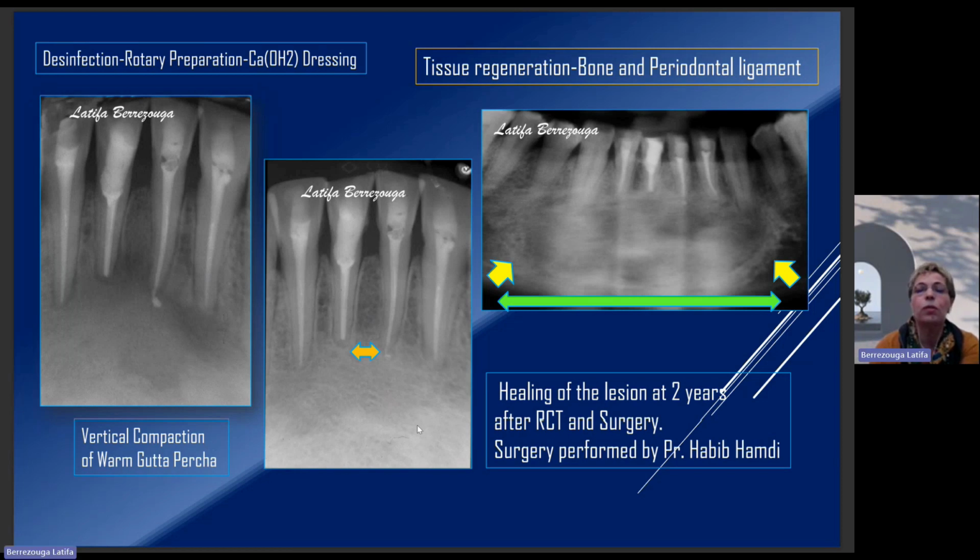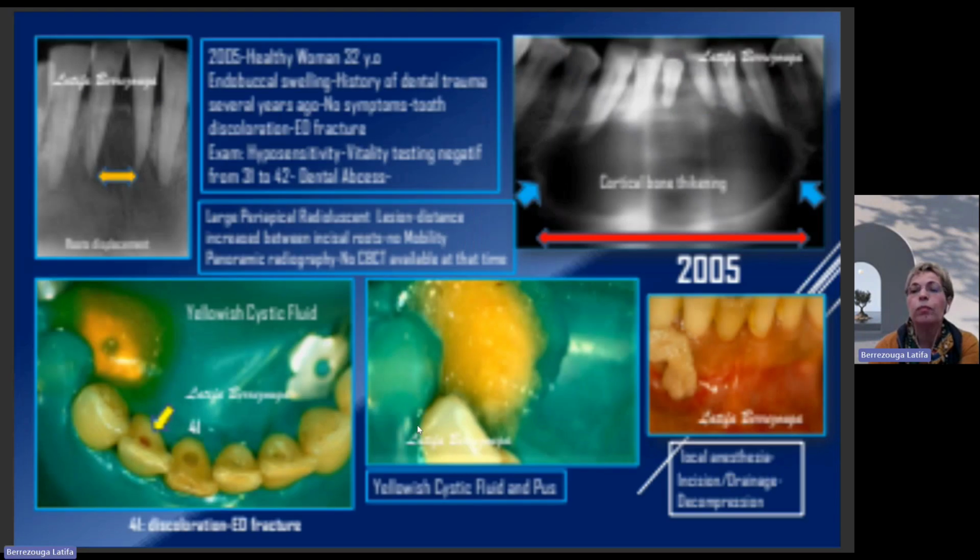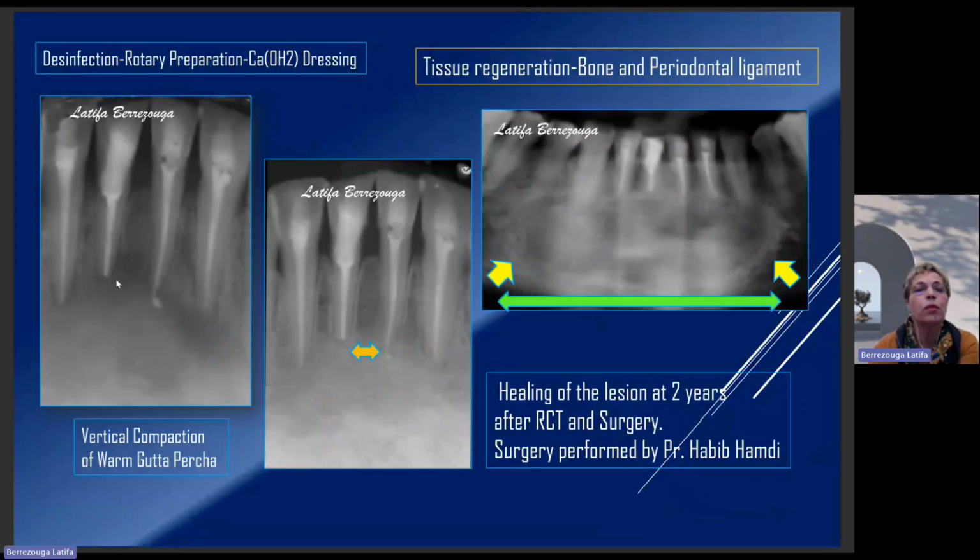I would just like to remind you that after endodontic treatment, the lesion was, of course, enucleated by microsurgery, because even with endodontic treatment, we had persistence of symptoms and pain.